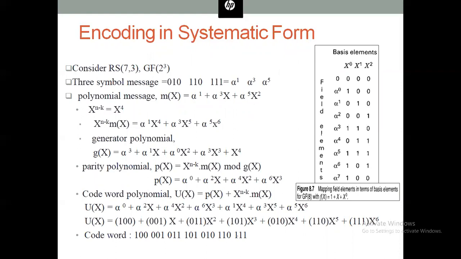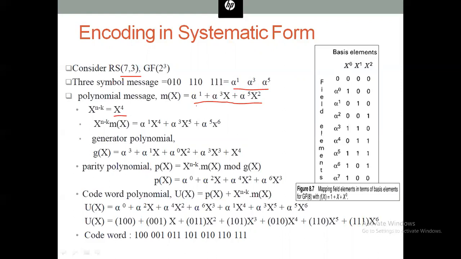Now we consider the example of the same RS 7,3 code which we have considered previously. So first we have 3 symbols to encode: alpha 1, alpha 3, alpha 5. So we write the message in the form of a polynomial, which is alpha 1, alpha 3 x plus alpha 5 x square, and x to the n minus k is equal to x4.